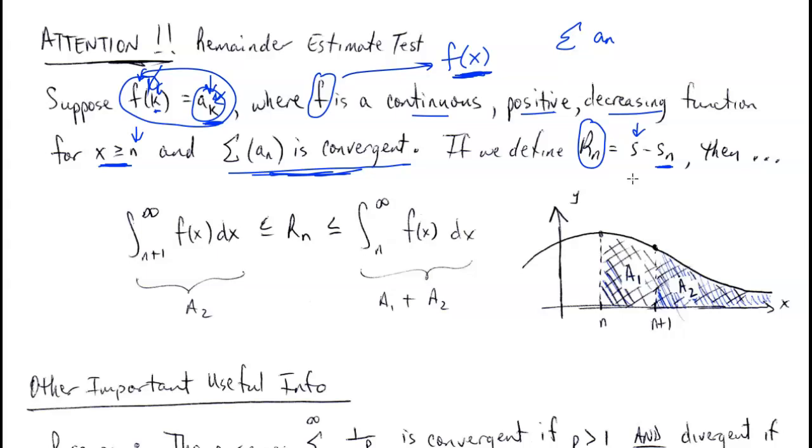So we subtracted that from the actual value, and that essentially would be the remainder.